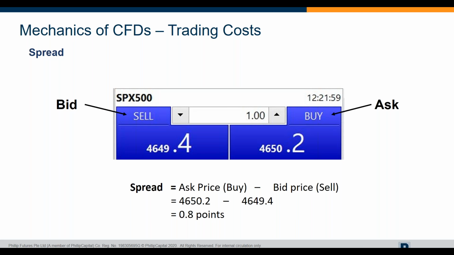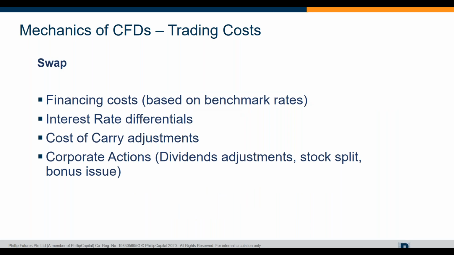It is the spread. The next one would be the swap. What is swap? Swap comprises a few components. The first component is the financing cost, because we mentioned earlier that CFD is a leverage contract.